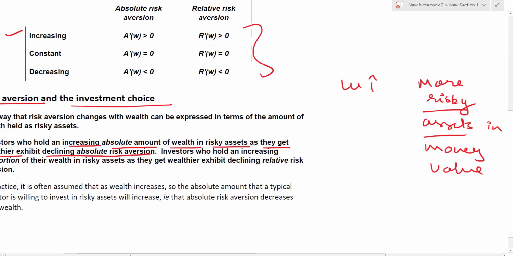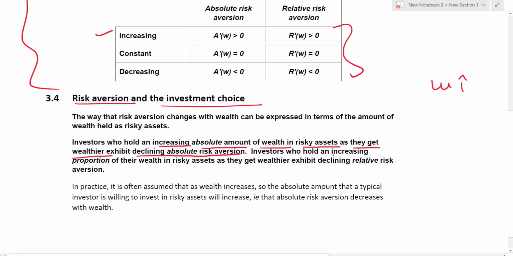The other case is that if the investor holds an increasing proportion of wealth in risky assets, this time we are talking about proportion, not the value, as he gets wealthier, they exhibit a declining relative risk aversion.